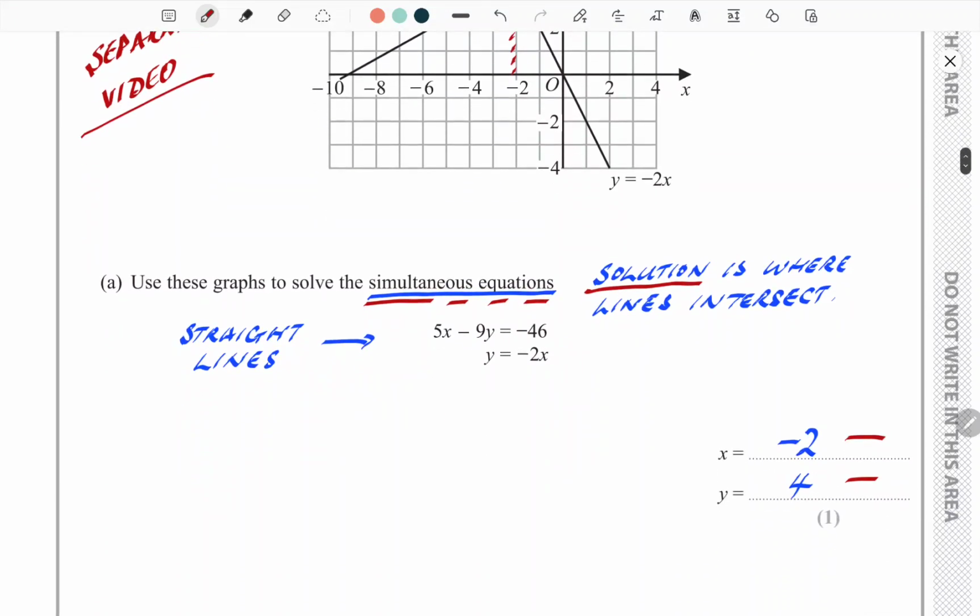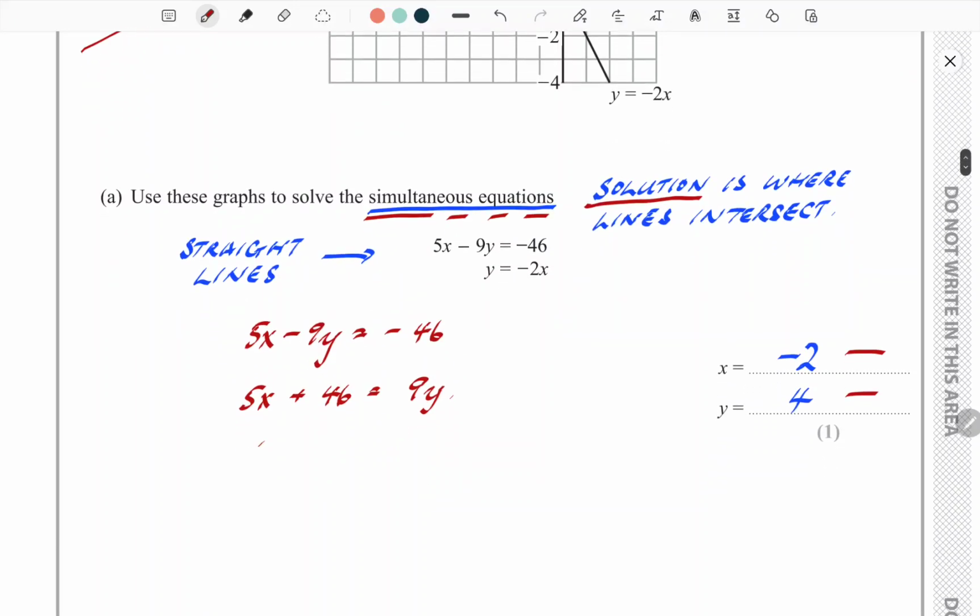Just as a point of revision, I'm going to add this in, take a few extra seconds of your time. The 5x minus 9y equals -46 can be rewritten in the following form, right? 5x plus 46, and put the 9y on the other side.